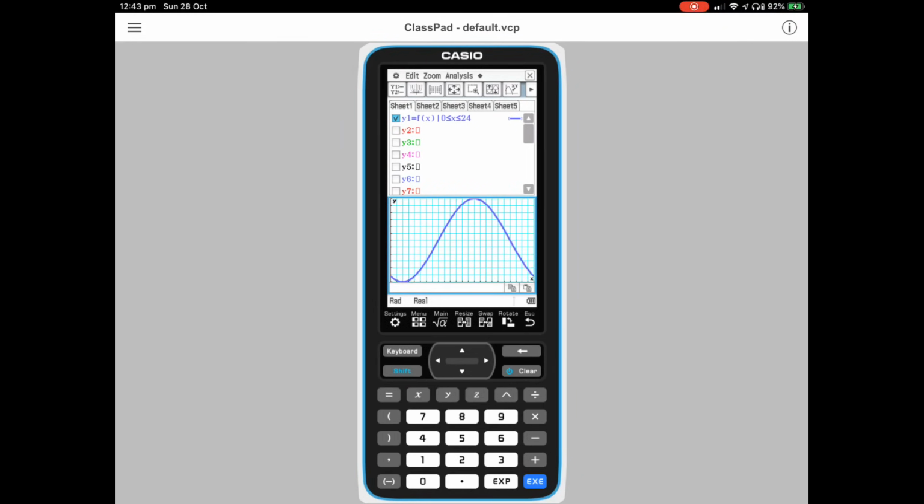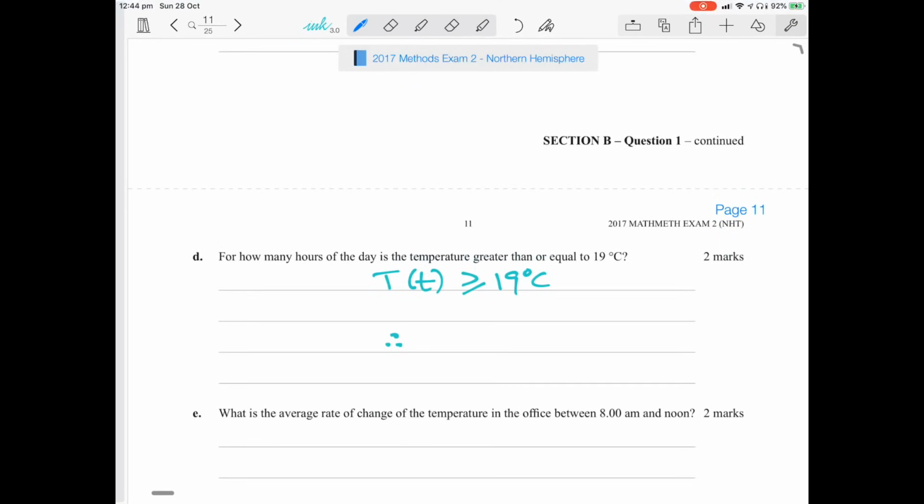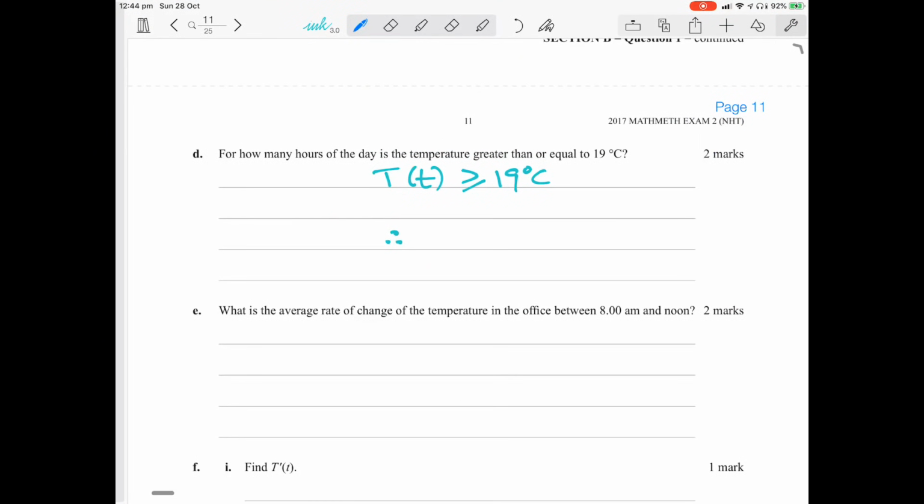Then go zoom auto, and it should lock in the ends. Okay, so if I put in 19, we can see 8 is here, and then 20 is there. So what does the question ask? For how many hours of the day is the temperature greater than? It's from 8 a.m. to 8 p.m. Therefore, 12 hours.